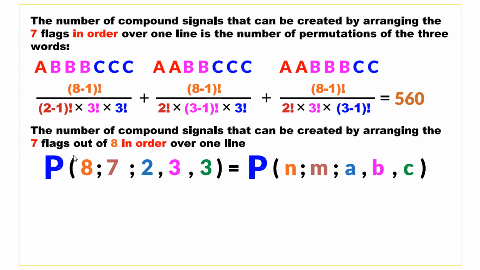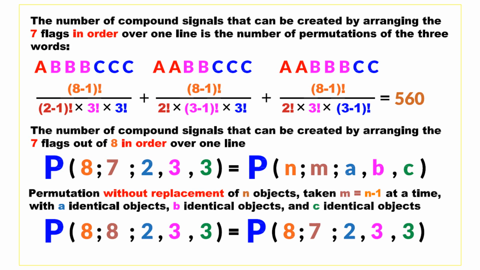We are going to use the following notation: permutation without replacement of 8 objects taken 7 at a time for 2, 3, and 3 identical objects. And in an abstract way, we can say that this is permutation without replacement of n objects taken n-1 at a time for these identical objects.